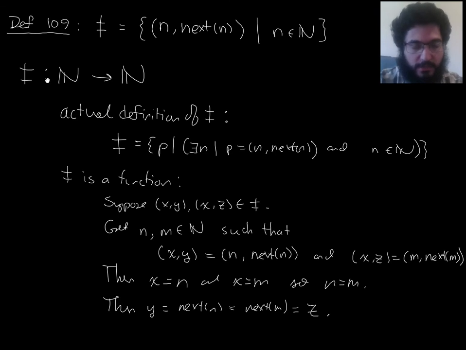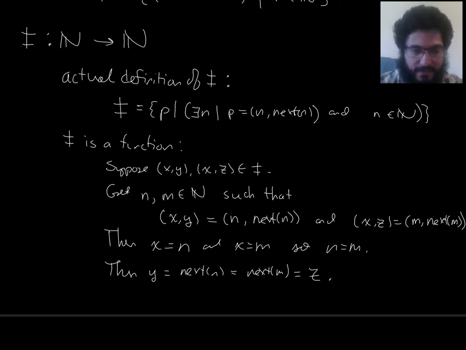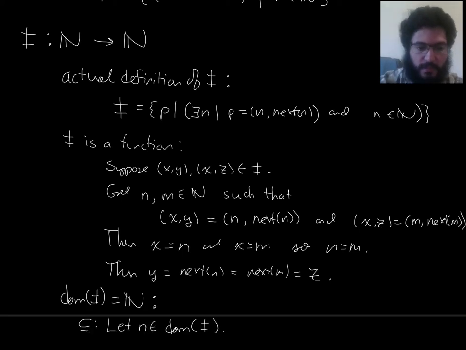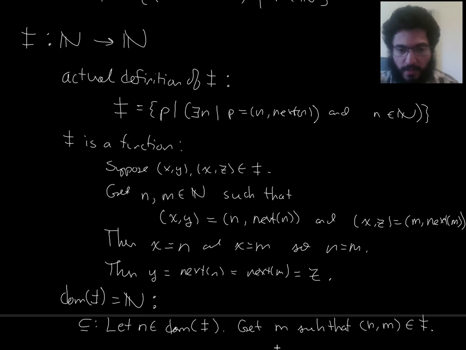All right, its domain is n. Let's see. So let's do double inclusion. Let n be in the domain. Then by the definition of domain, we can get an m such that the pair n m is in there.